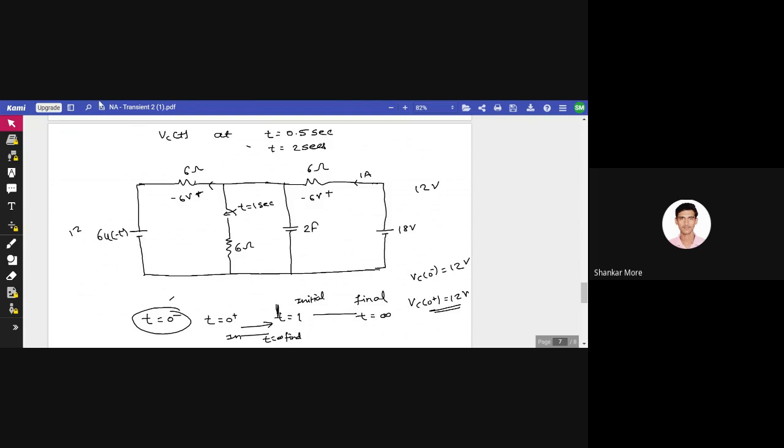I think we have found out Vc of t at t equals 0.5 second. मतलब 0.5 पे हमने vc of t जो निकाला था, यहाँ तक कोई डाउट?